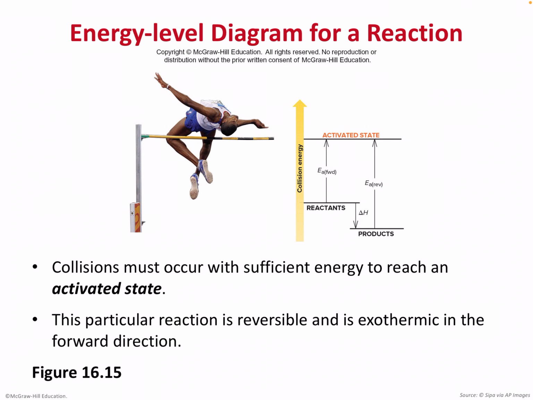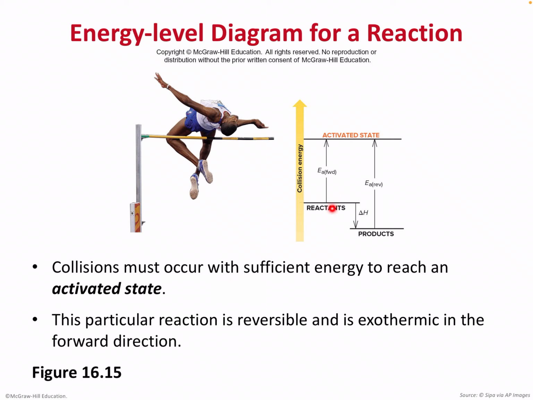Now this is an example of an activated complex. You see here this athlete has to reach the level of the bar, and then he reaches the activation energy, the activated complex, over the bar, and then comes back to the ground state. Similarly, collisions must occur with sufficient energy to reach an activated state.